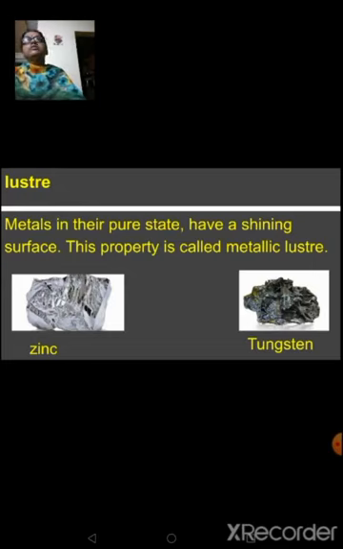Because of these metals being lustrous in nature, and various other properties are also taken into consideration. Since you are all familiar with the lustrous metals like gold, aluminium, copper and all, I want you to give some more examples like zinc, tungsten. These are also lustrous in nature.